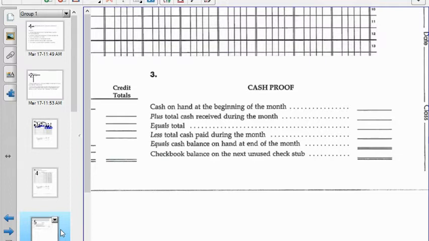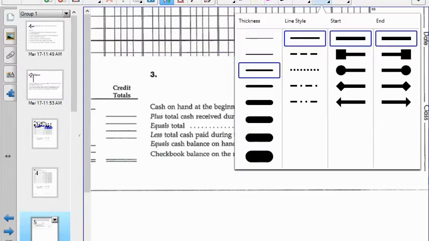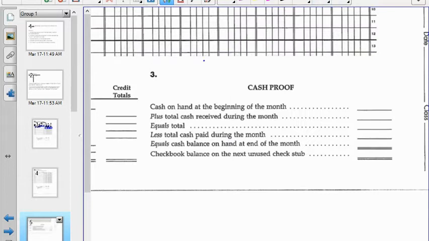In Accounting 1, it was really simple. You would look at the company checkbook, you compare the checkbook to the general ledger cash account and cash proof. Now we need to do a little bit more because we have money going in cash receipt journal, and that's being dealt with by one person. We then have money going out, which is dealt with by a different person.